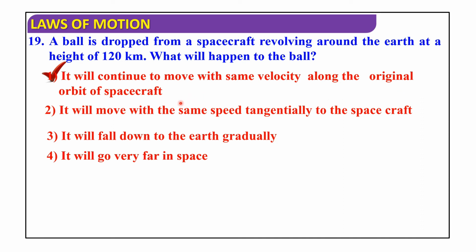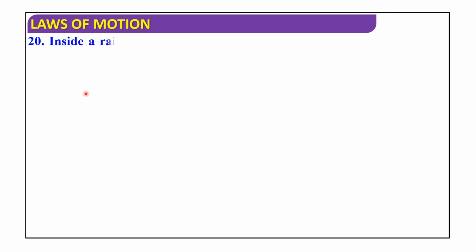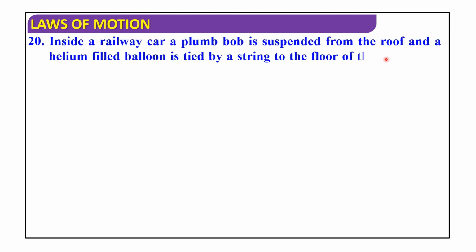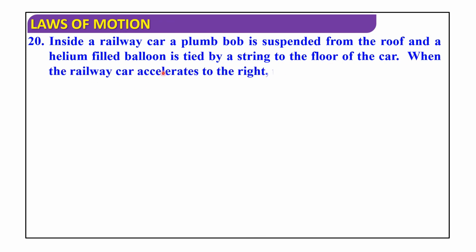Okay. Next, inside a railway car, a plumb bob is suspended from the roof and a helium-filled balloon is tied by a string to the floor of the car.